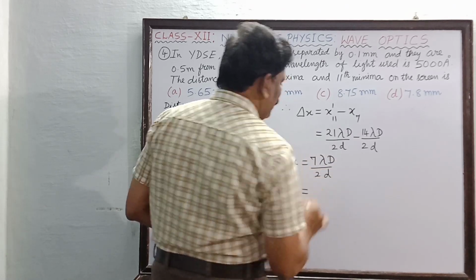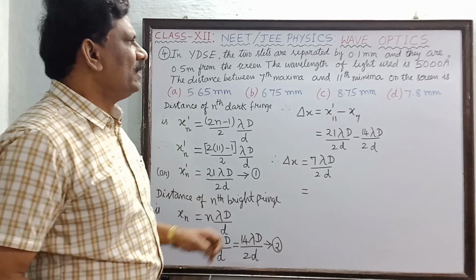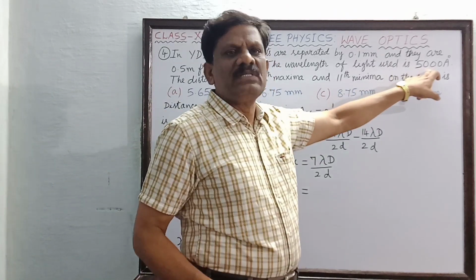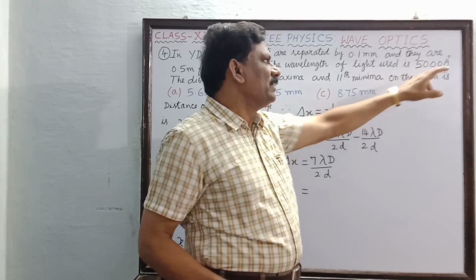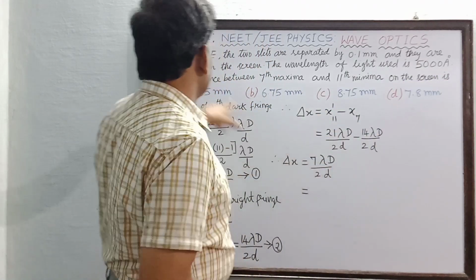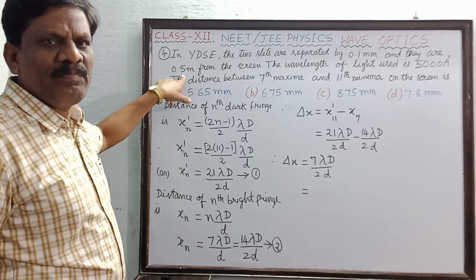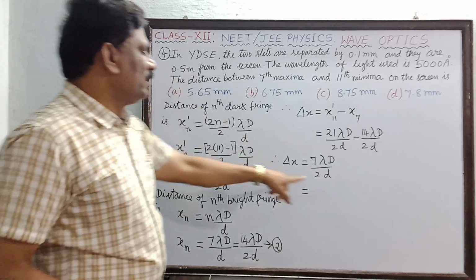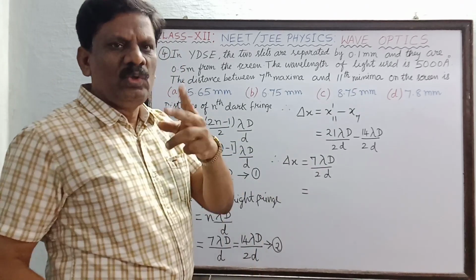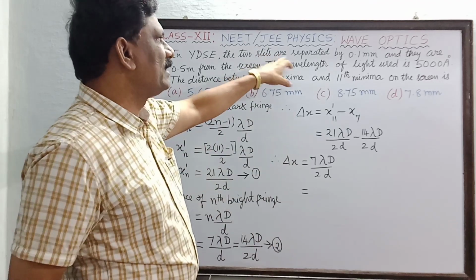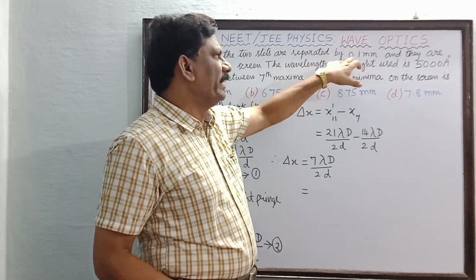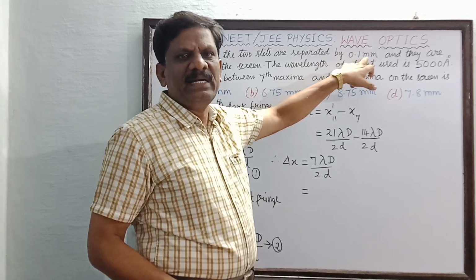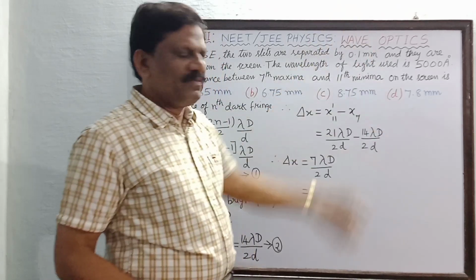Now we will multiply the given values. Lambda is given as 5000 angstrom unit, that is 5 into 10 power minus 7 meter. Capital D is the distance of the screen, that is 0.5 meter. And small d is the distance between the two coherent sources. The slits are separated by 0.1 millimeter. 0.1 is 10 power minus 1, millimeter is 10 power minus 3, so it is 10 power minus 4 meter.